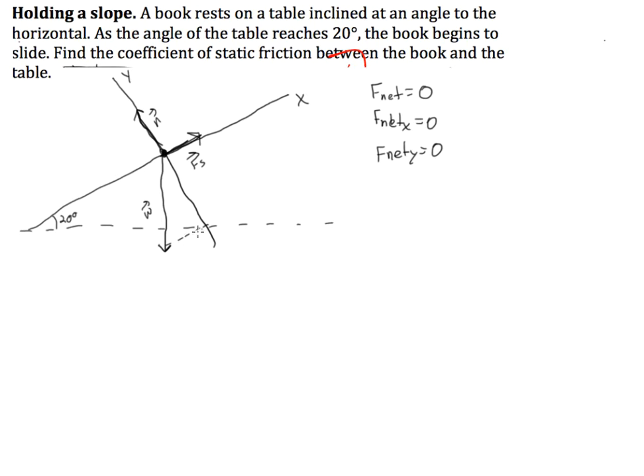So this is going to be the x component of the weight force, and the y component is going to be this. So it's going to be Wx and Wy. So we can use trig to figure out what Wx and Wy are equal to. So we know this angle is going to be 20.